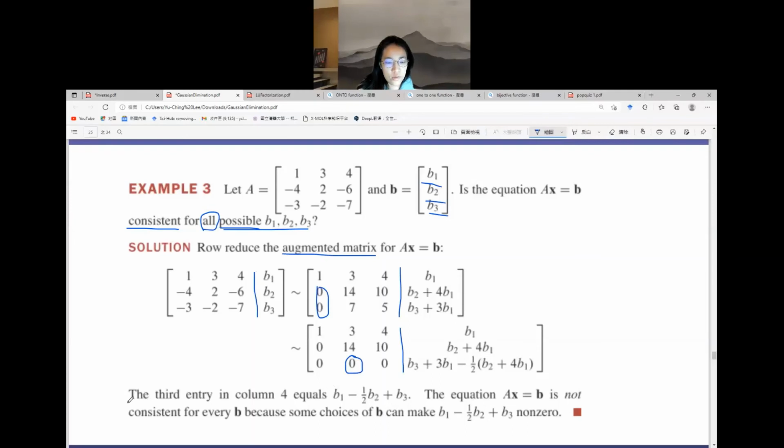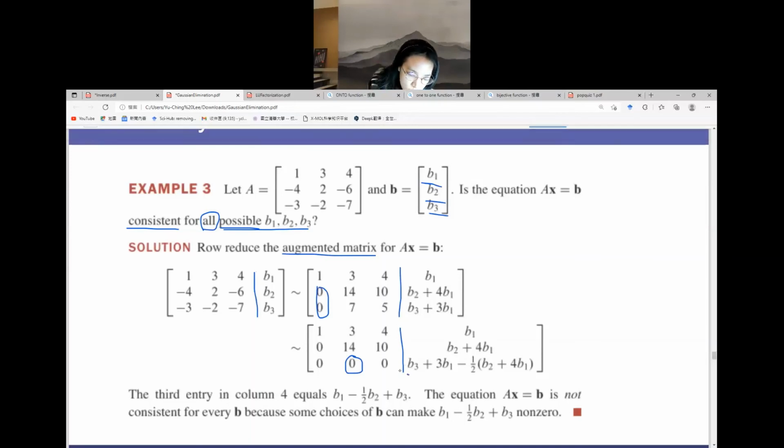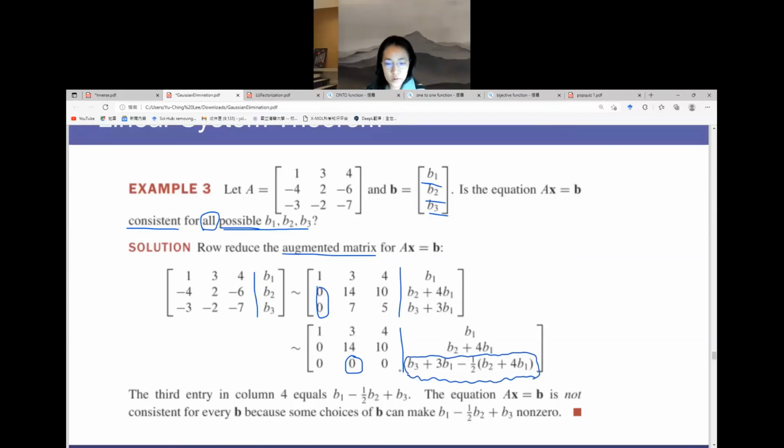Okay, so it says that the third entry in column 4, which is this part, equals this one. And we find out that the only situation when there's a solution is that this equals 0, right?